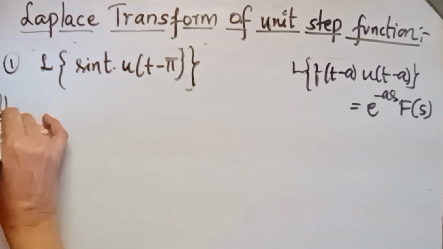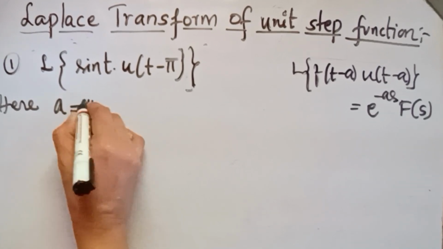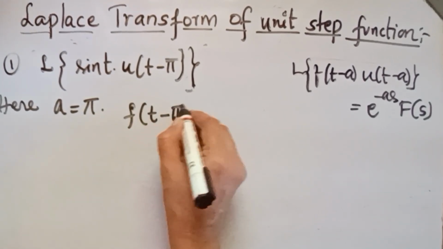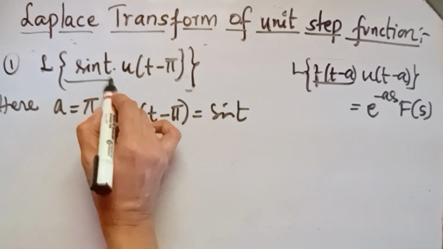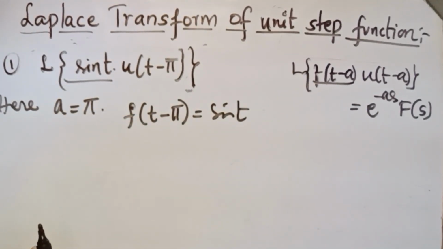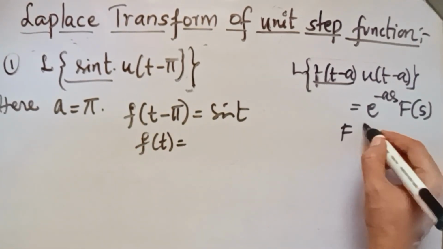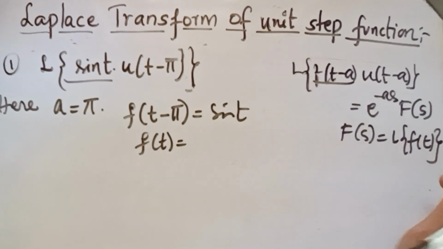So first let us write here what is a. Here a equal to pi. And in the place of f of t minus pi, what you have is sin t. So f of t minus pi means sin t. So I need f of t. Why do I need f of t? Because F of s is the Laplace transform of f of t.